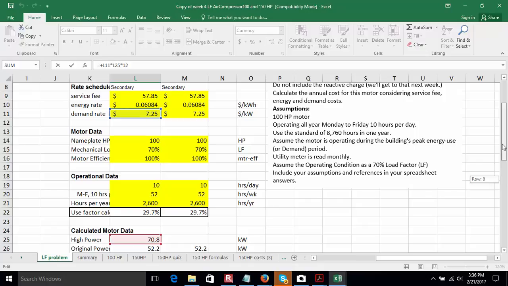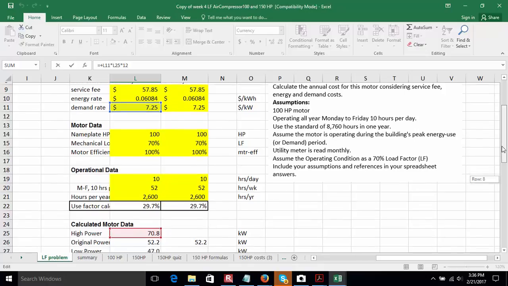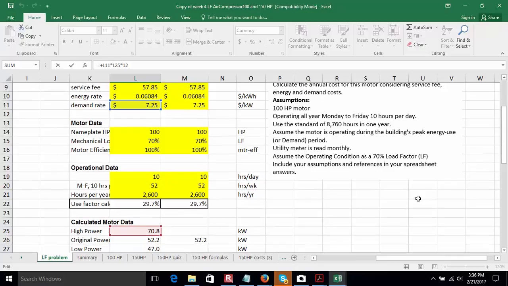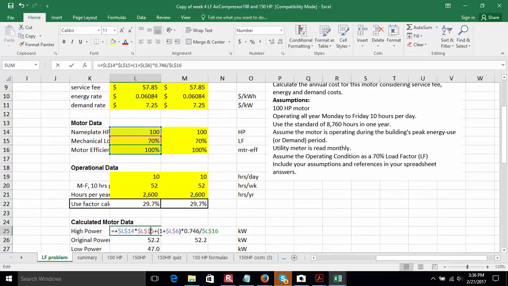So that means when it is running at full tilt, they're going to charge you $7.25 per kilowatt. They're not charging you for energy, they're charging you for power. So the demand rate is $7.25 per kilowatt.